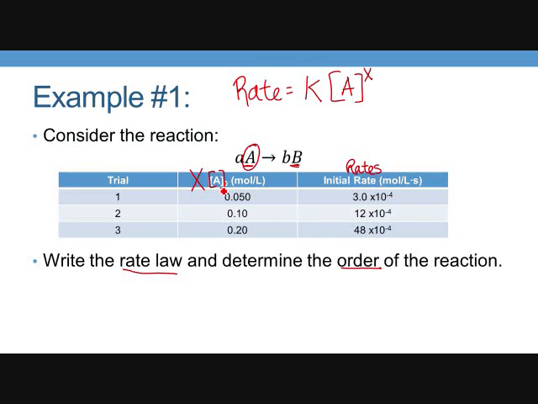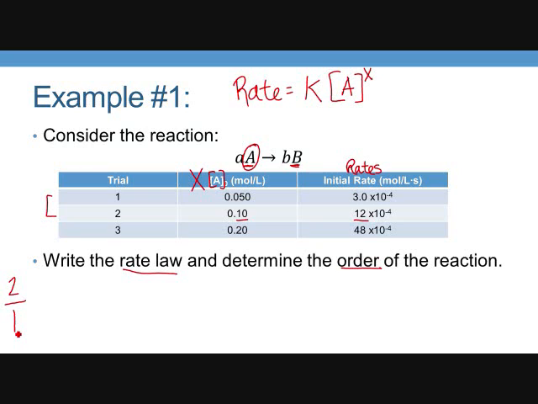Now, I like to do the larger values in the numerator and the smaller values in the denominator because it's easier for me to figure out what the power is. So I'm going to do 1 and 2, and if you look, 2 has bigger numbers, so I'm going to take it as 2 over 1.